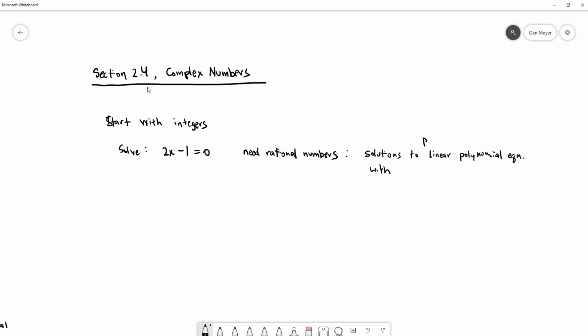Well, I guess we want prime linear polynomial equations with integer coefficients. But that's neither here nor there. I almost wish I hadn't put that down there.